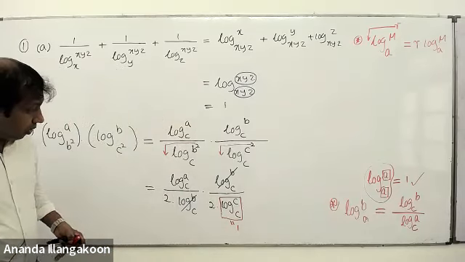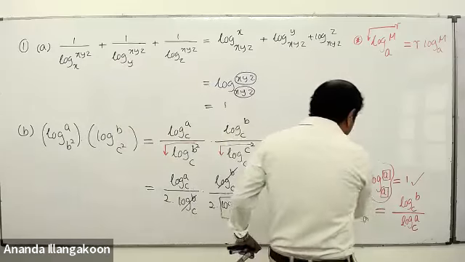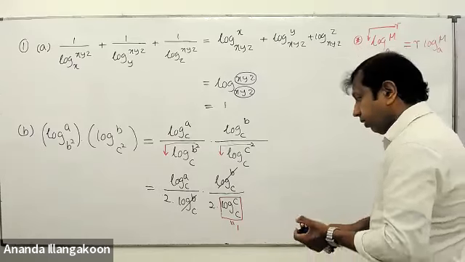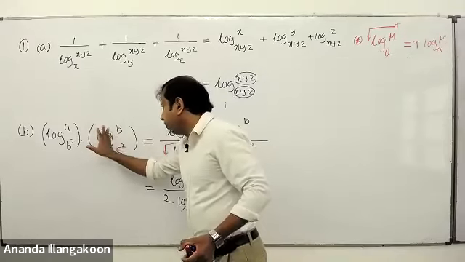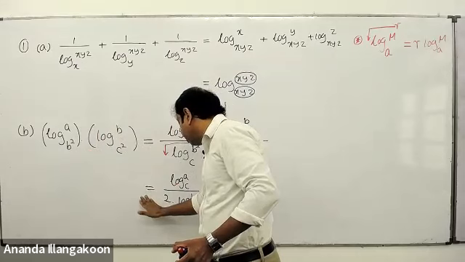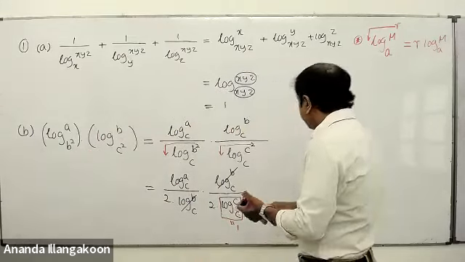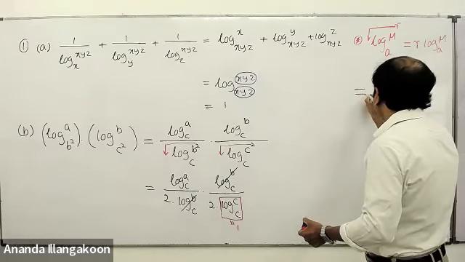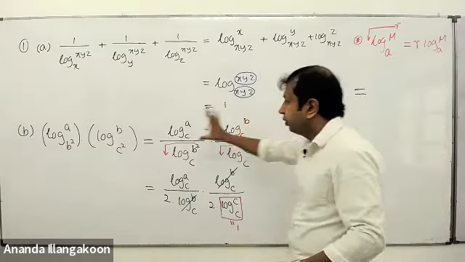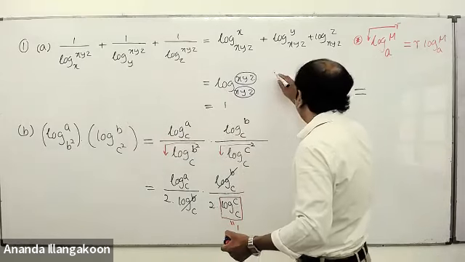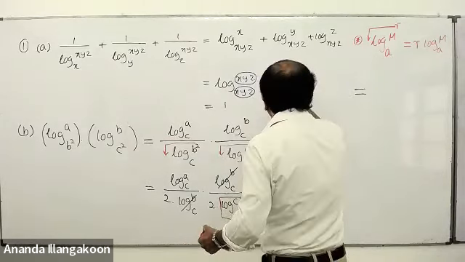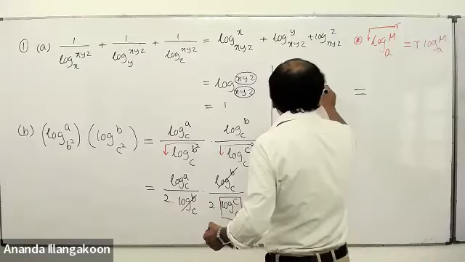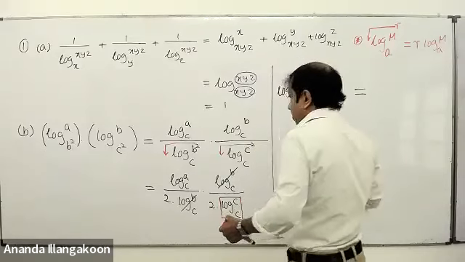Now, I can write the next line like this. The left-hand side, this product we still have. Now I am putting an equal sign, and on the right-hand side, okay, so then we have, on the left of this equal sign, this is available. If I need, I can write that: log A base B squared, log B base C squared.